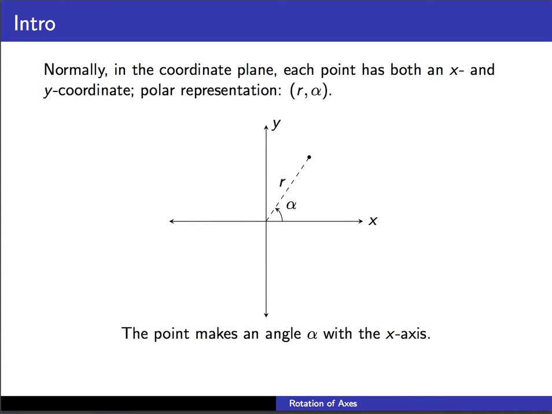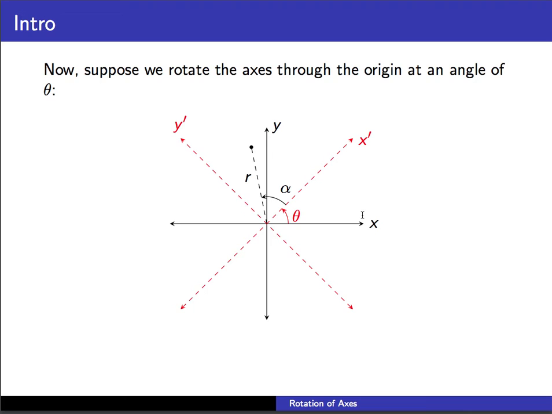Normally in the coordinate plane, each point has both an x and y coordinate, or a polar representation of r and then the angle of rotation, which here you can call alpha or whatever you'd like, so that the point makes an angle alpha with the x-axis. Now suppose we rotate the axes through the origin at an angle of theta.